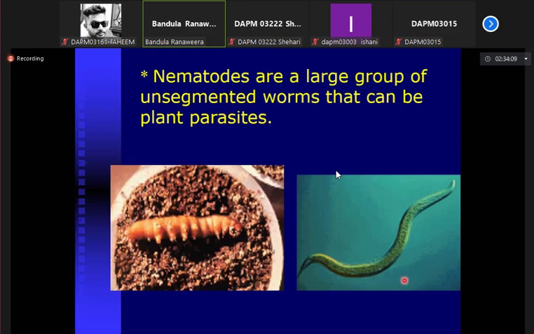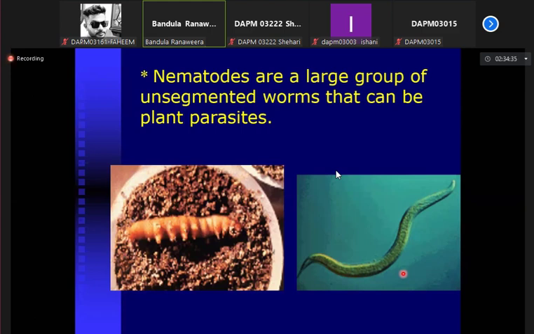They are nematodes, and it is a separate group of organisms. Just to differentiate, I put these two pictures. These are normally visible through our naked eye, but the nematodes are microscopic worms.